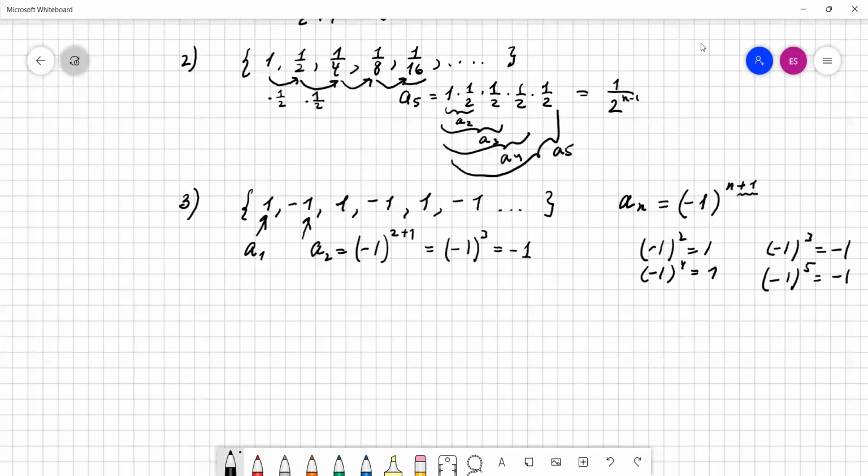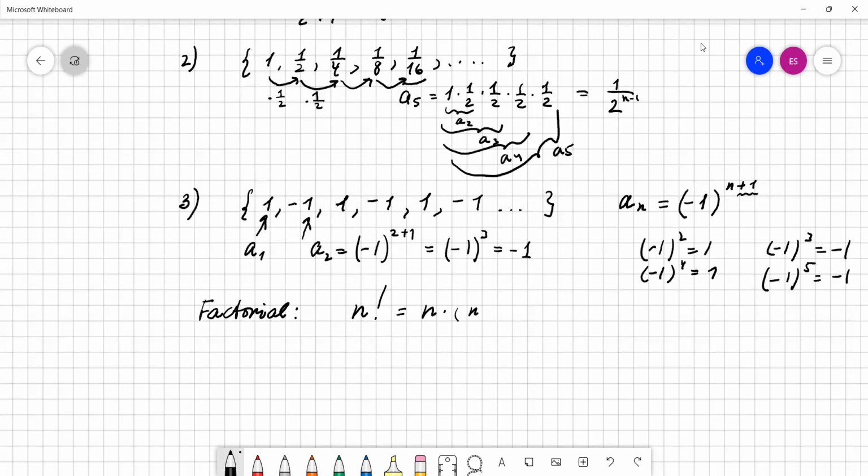Okay, now guys, I'm going to give you a factorial sequence. Just first, what is factorial? Factorial is a number, n factorial, which is produced by multiplying all numbers starting from n and ending at 1.